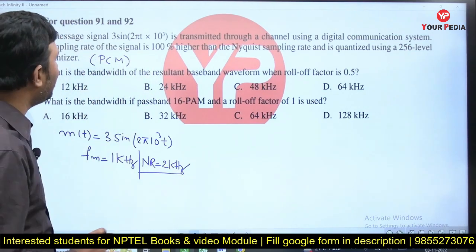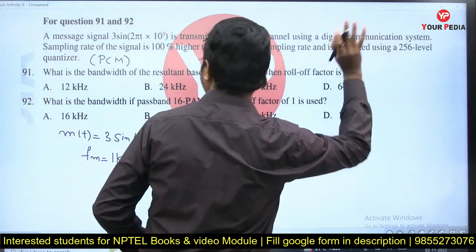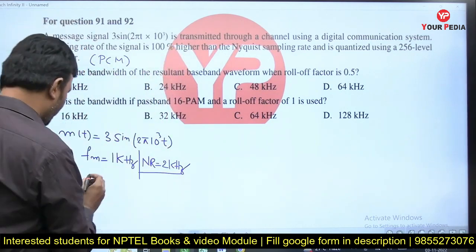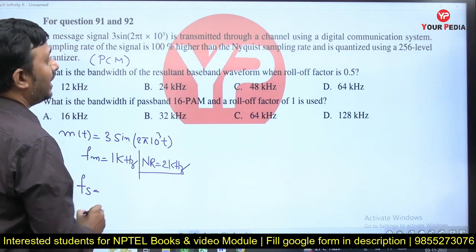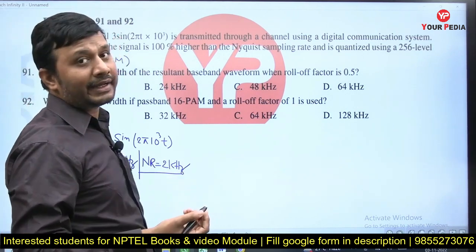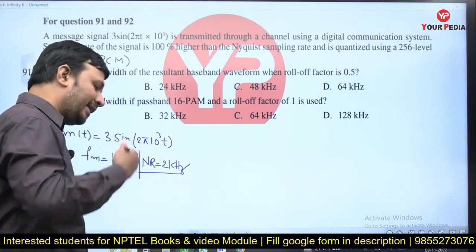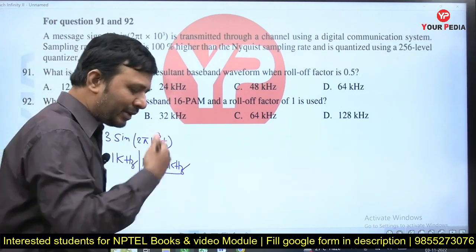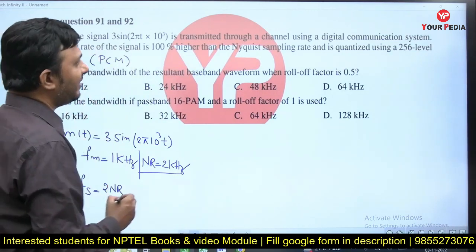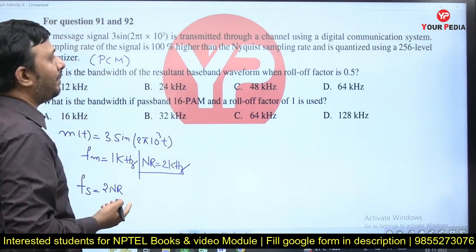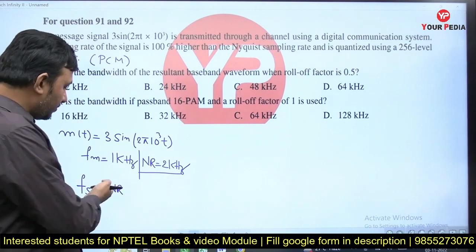So readily we can find this, and it is transmitted through a channel using a digital communication system. What is the sampling rate? Sampling rate is 100% higher than the Nyquist rate, which means Nyquist rate plus 100% of Nyquist rate, so 2 times the Nyquist rate. Suppose instead he says the sampling rate is 50% higher than the Nyquist rate, that means 1.5 times the Nyquist rate.